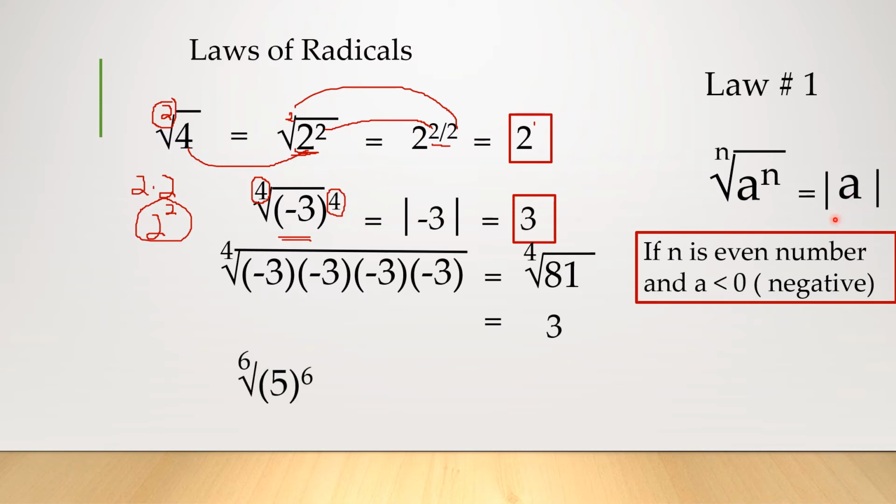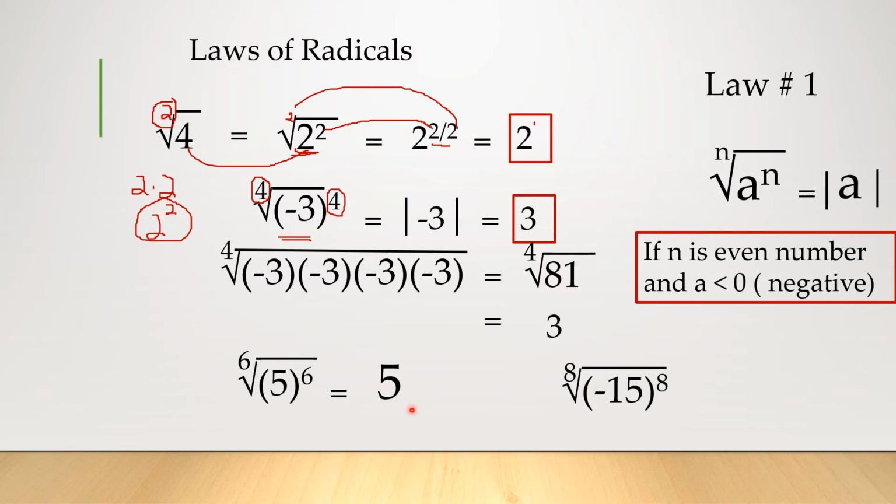So, let's have an example. If I have the 6th root of 5 raised to 6, simply, the absolute value of positive 5 is simply 5, right? But if it's positive, we are not writing the plus sign anymore. So it's okay if it's positive.